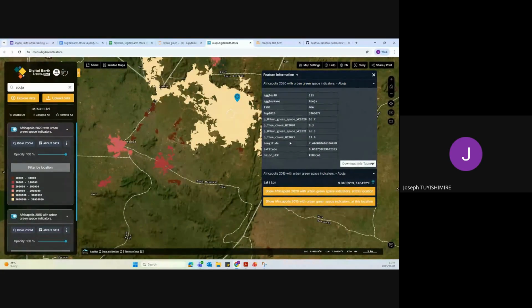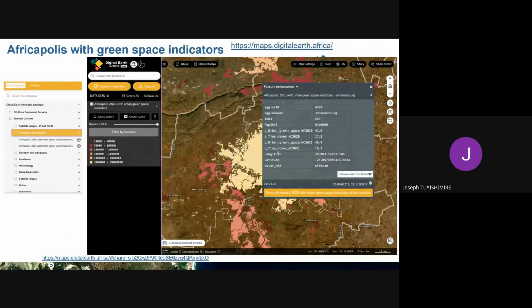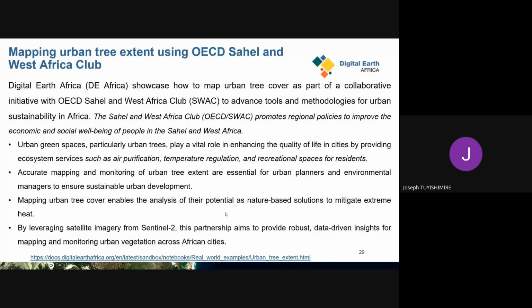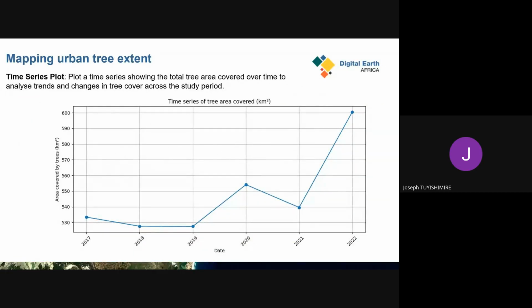This information helped us calculate all statistics about trees. This was accurate tree mapping, an example of Joburg, and also how tree stand was evolving over time.